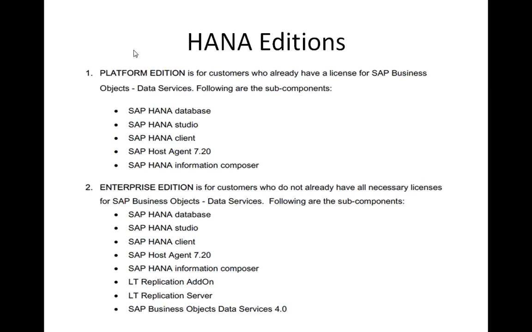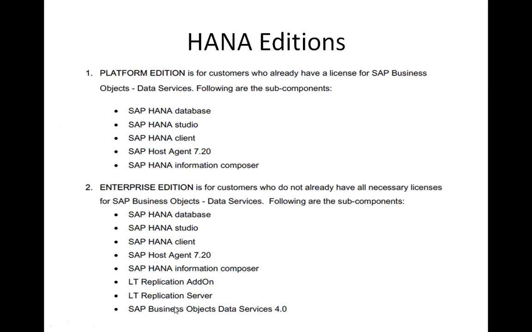For the enterprise edition customers, these are again SAP customers who do not have the licensing for Data Services or the LT server. So in addition to the components from HANA, they will have the LT replication add-on, the LT replication server, and the SAP Business Objects Data Services 4.0.